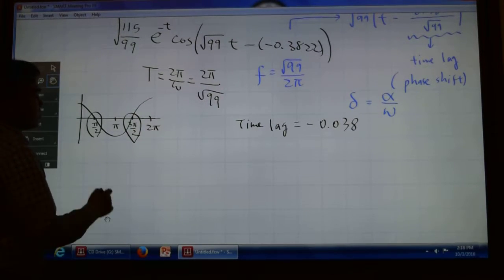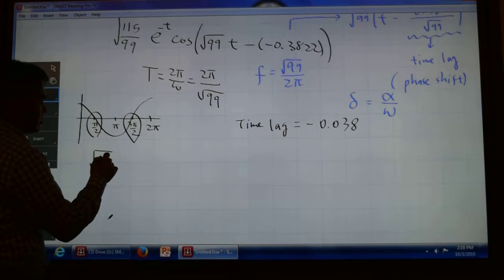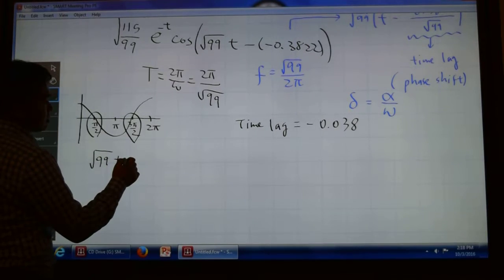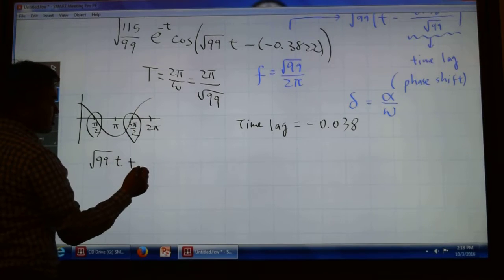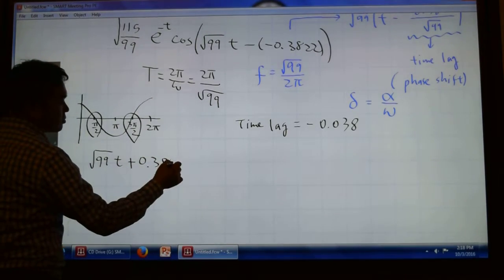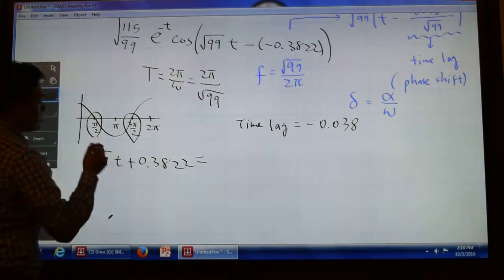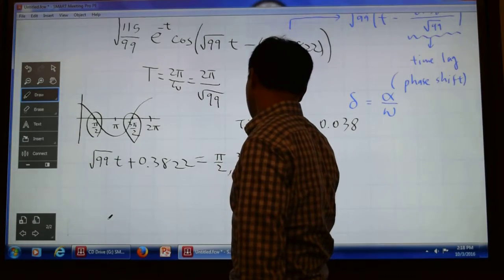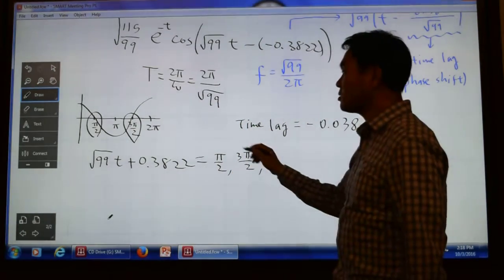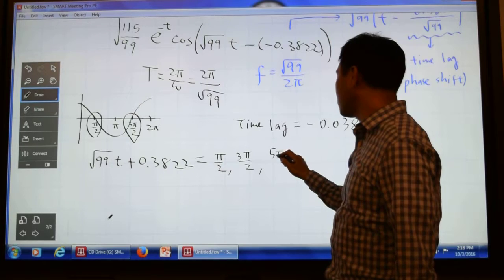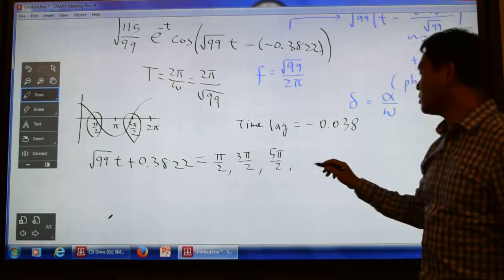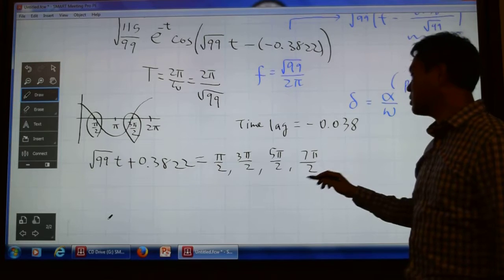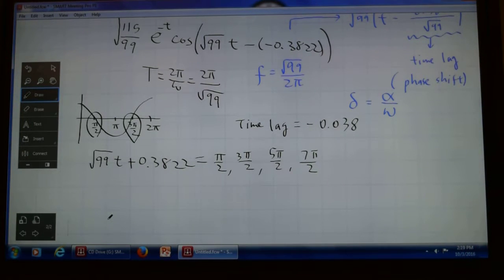That means when square root of 99t minus, actually minus is plus, 0.3822 equals pi over 2, 3 pi over 2, and the next time it comes back to 0 is 5 pi over 2, and then 7 pi over 2. At these places, when you solve it, you will figure out when it passes through.